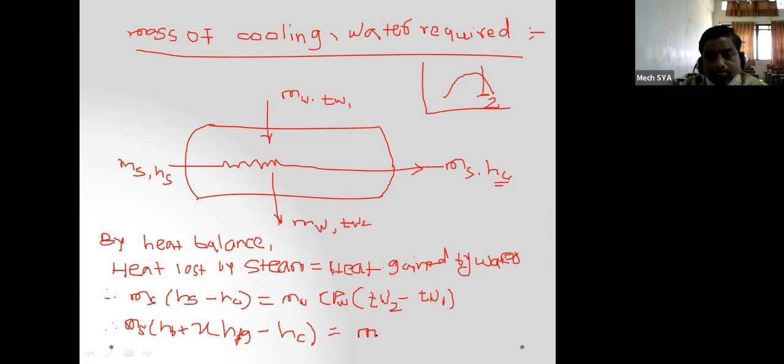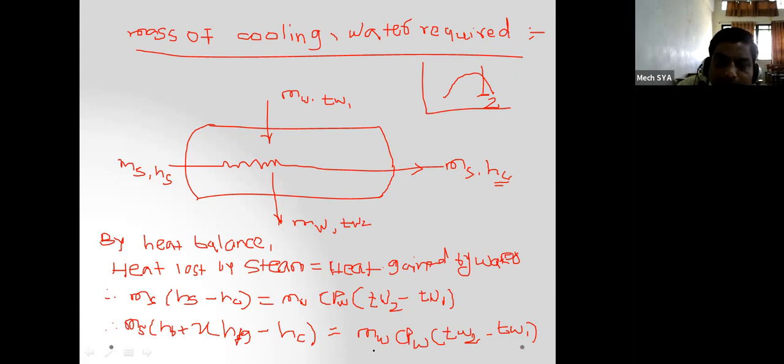mw into CPW into bracket TW2, and this will be the mass of cooling water required.